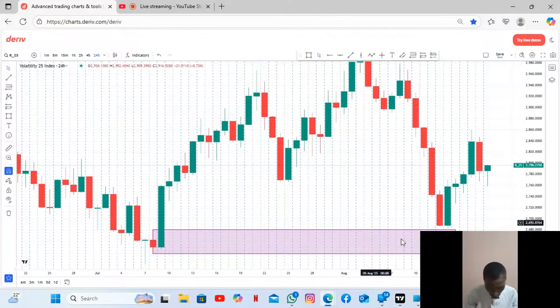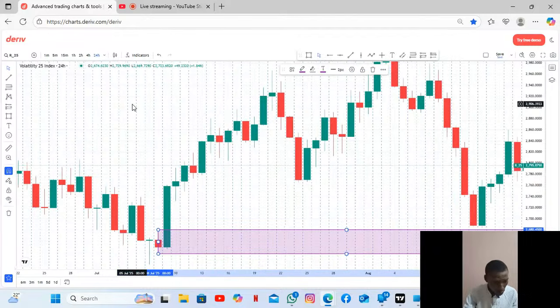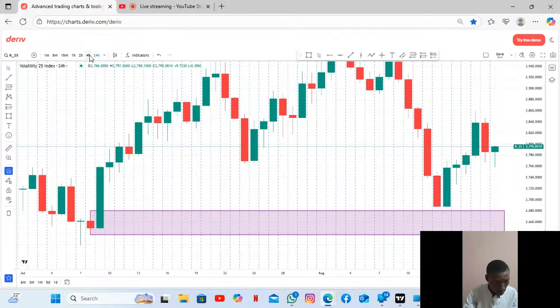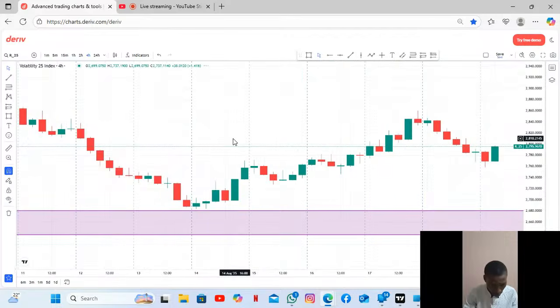Good, perfect. On the daily time frame, it has actually not tested it. Price hasn't tested it. It hasn't actually entered this order block. Just zooming in well to see. What of the 4 hour time frame for Volatility 25?